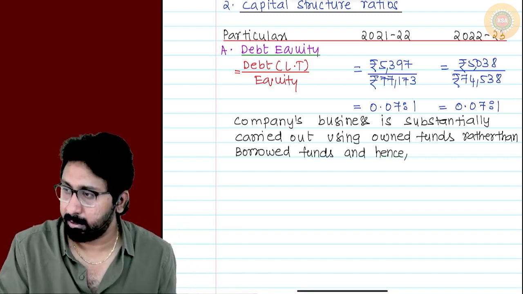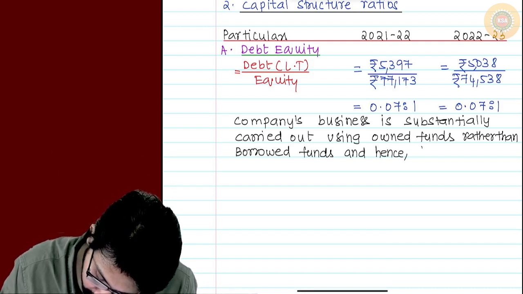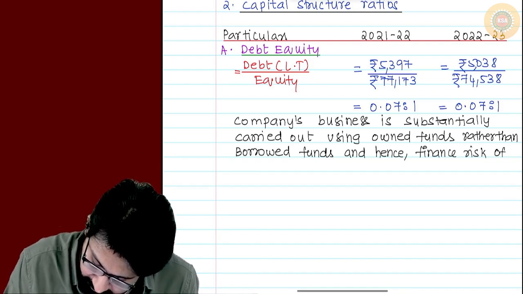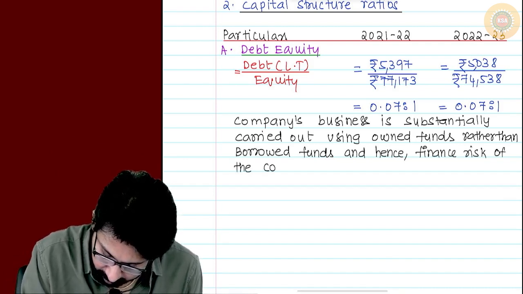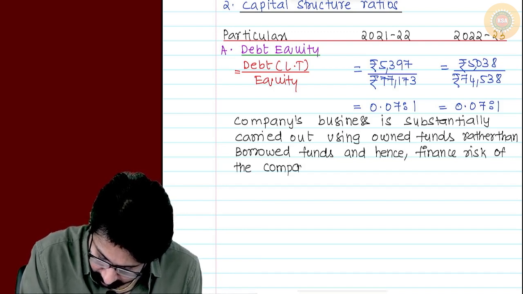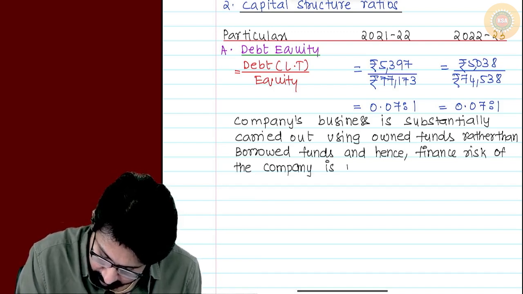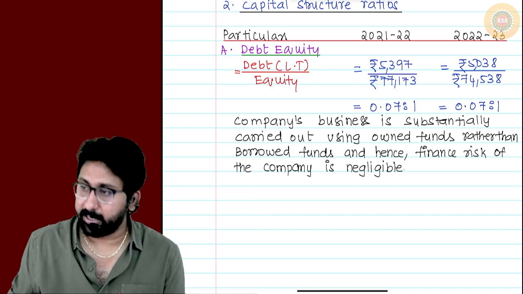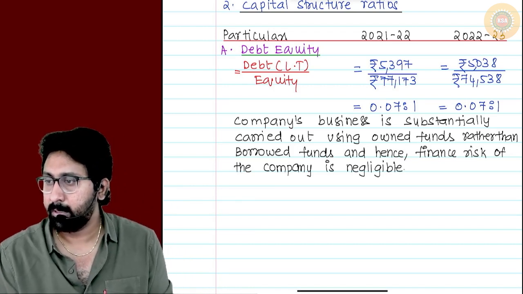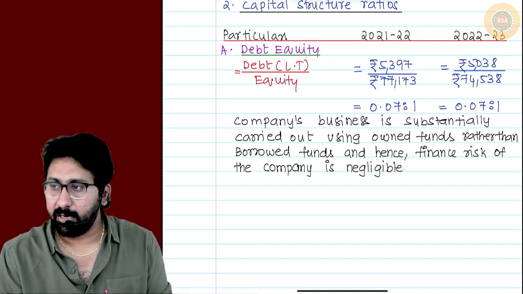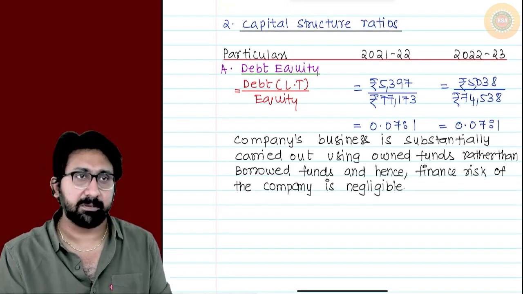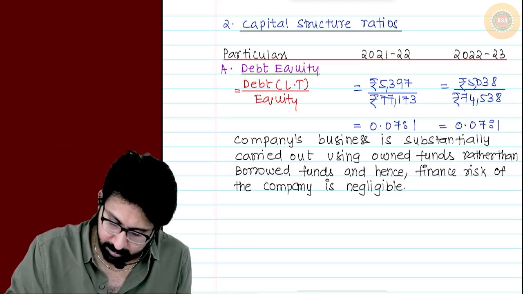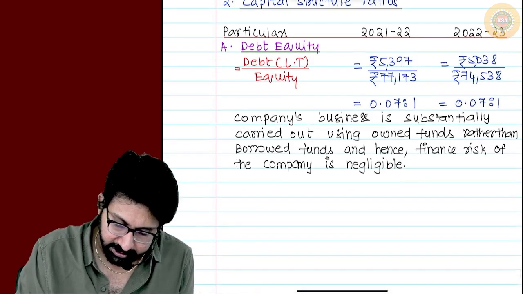And hence finance risk of the company is negligible. In the leverages chapter we will see what is finance risk, business risk, combined risk, all these. Finance risk is negligible.